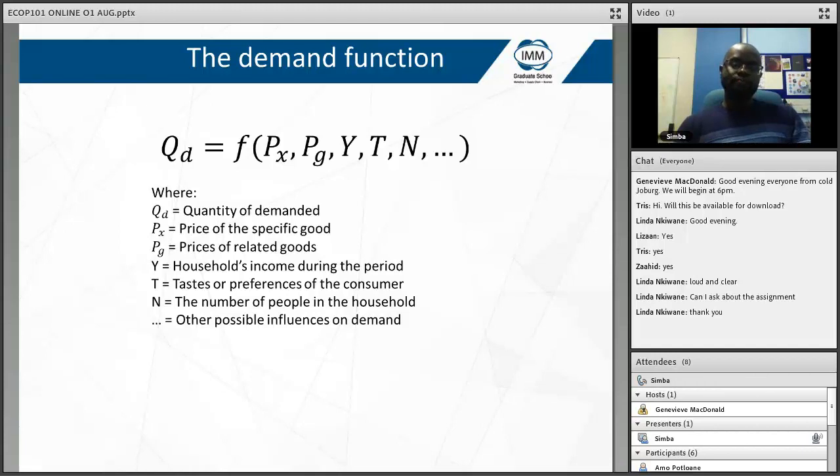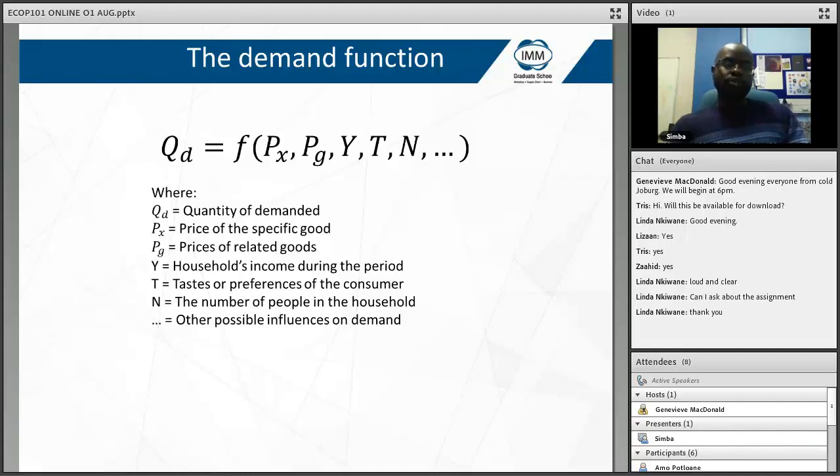For example, if you are going to look at the relationship between the quantity demanded and the price of the specific good, we hold the other factors such as price of related goods and income aside. Because if those things are going to change, then we might not come up with a clear answer on the outcome. So what we need there is to analyze each and every determinant in isolation of the other determinants. So it simply means that we are holding the other determinants constant.